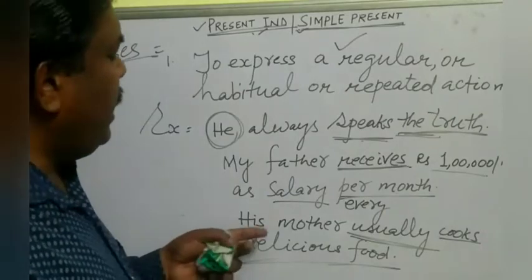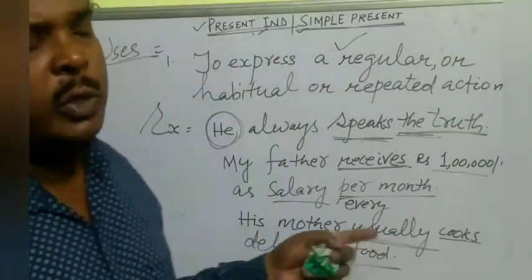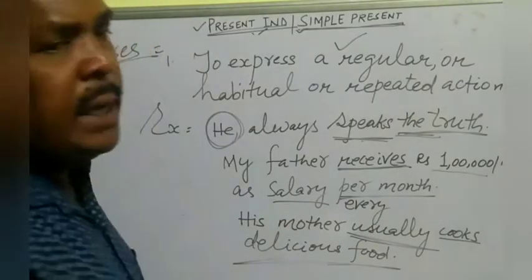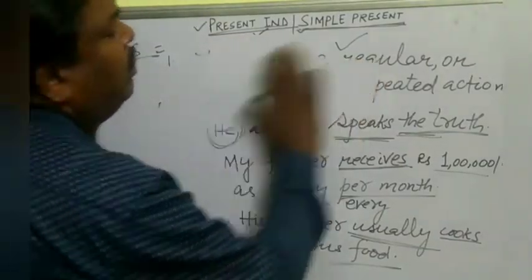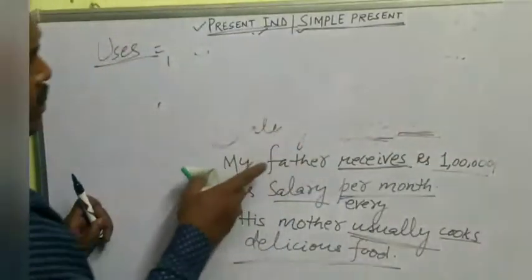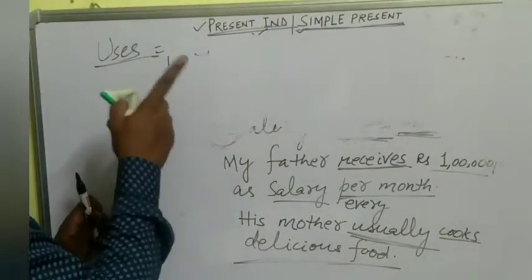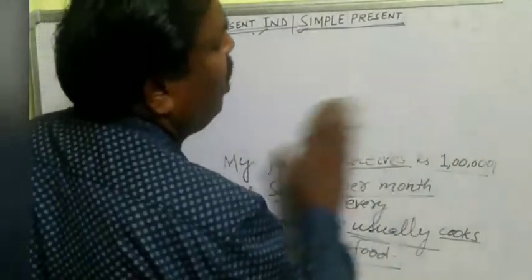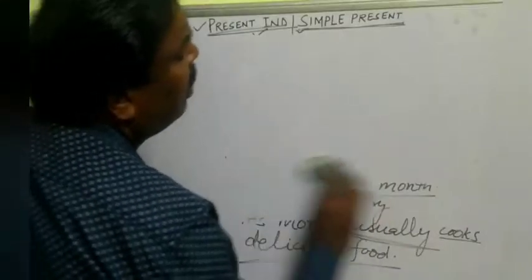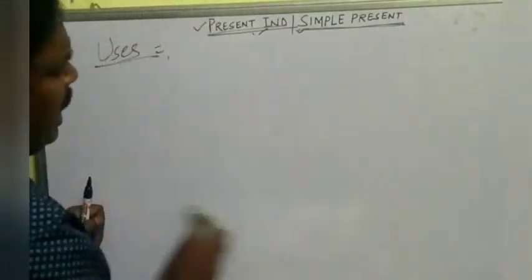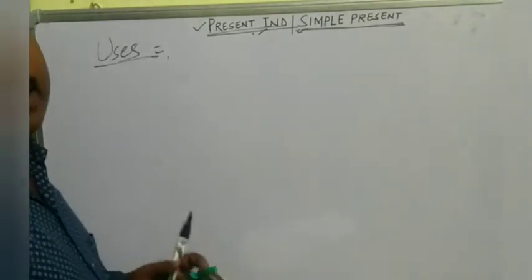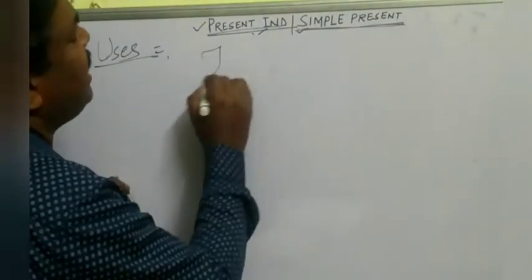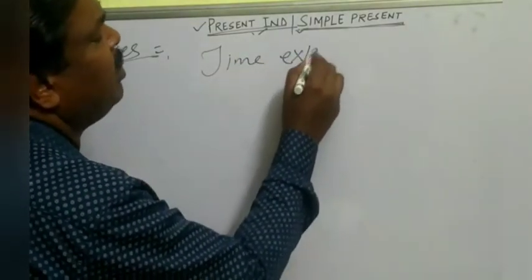So we use present indefinite tense. You can see that this present indefinite or simple present tense is used to express habitual or regular or repeated actions. For these we can see time expressing words.